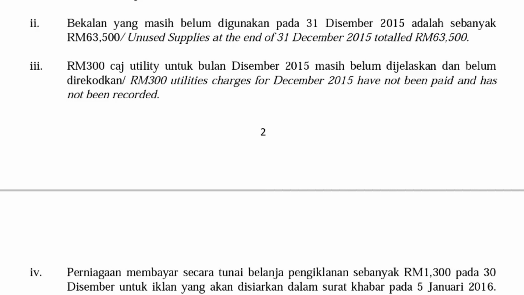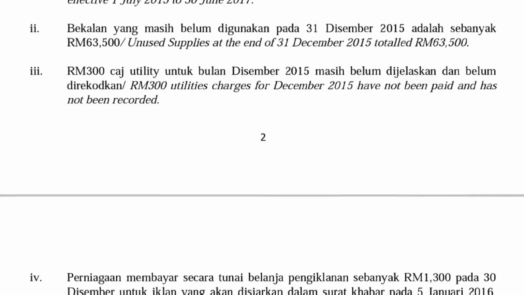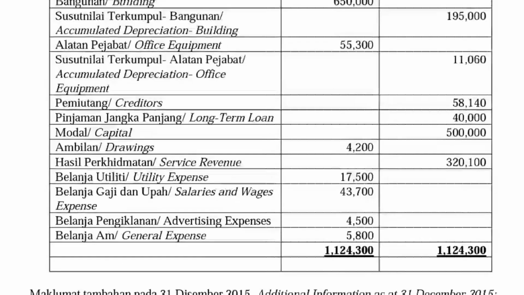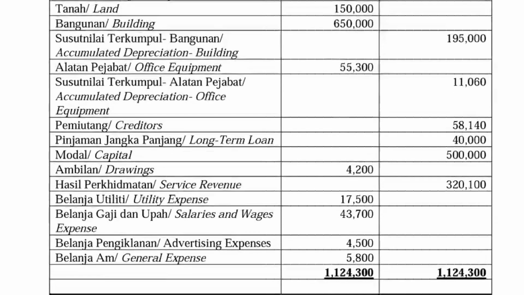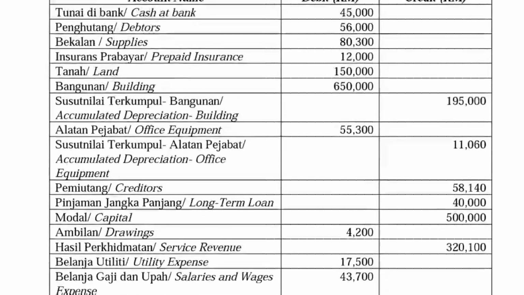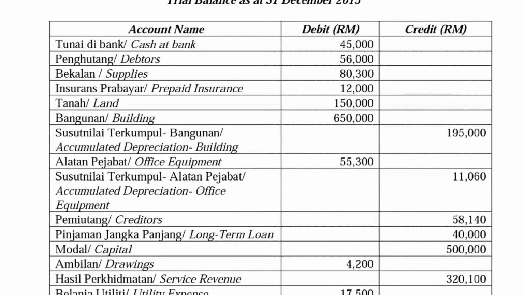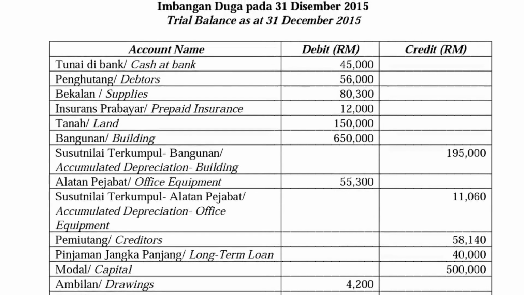So how to calculate the supplies used? See here, account supplies in the trial balance. You can see there in the trial balance, the supplies is 80,300.